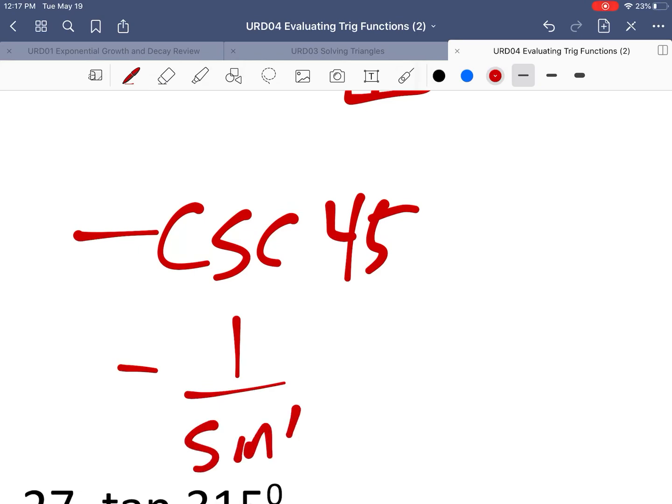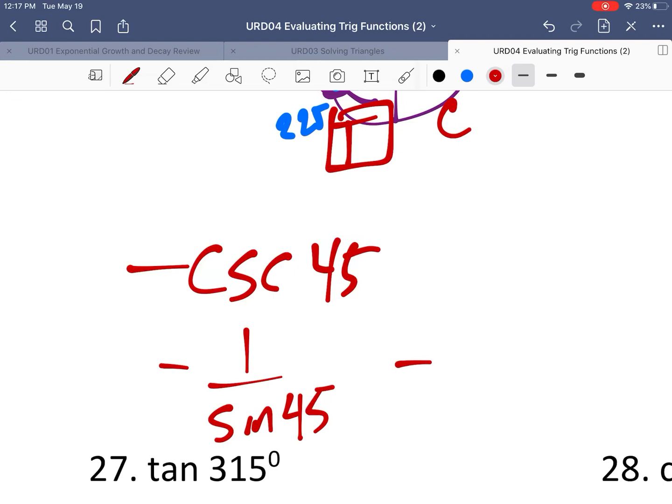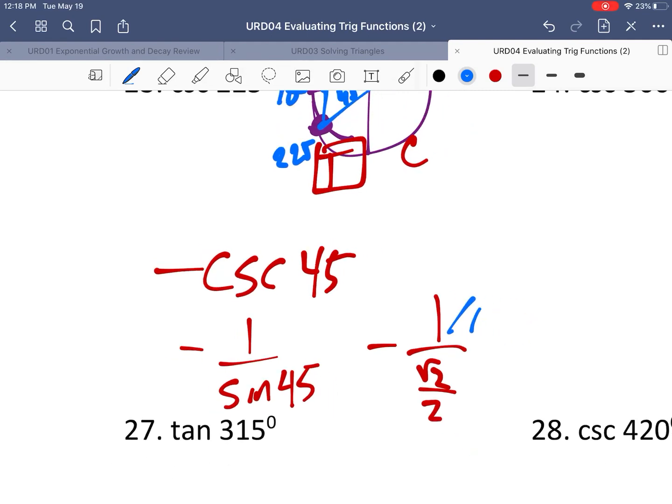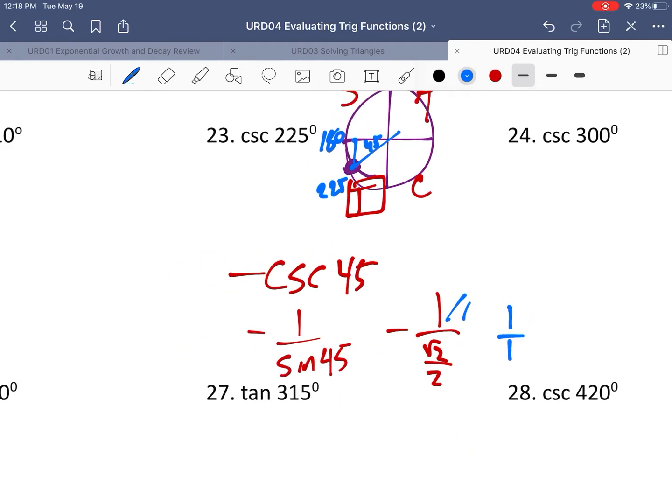Okay, so this is going to be the negative of 1 over sine of 45 degrees. So this is going to be the negative of 1 over, the sine of 45 degrees is radical 2 over 2. And we're going to do keep change flip, so I'm going to make this over 1. We're going to get 1 over 1 times 2 over radical 2, and there should be a negative out front here.